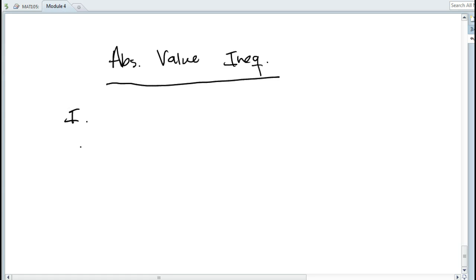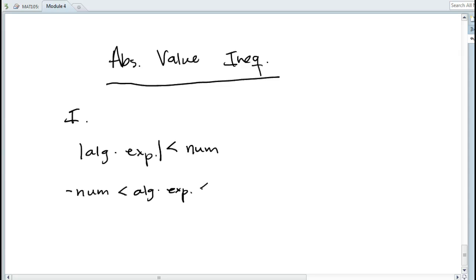If you have the absolute value of an algebraic expression less than a number, then that's going to force that algebraic expression to be between the negative value of the number and the positive value of the number. So in order to solve the absolute value inequalities, we need to find a way to take away the absolute value.